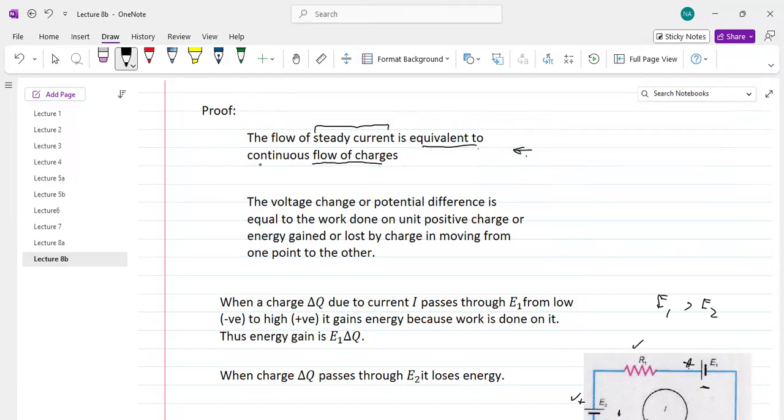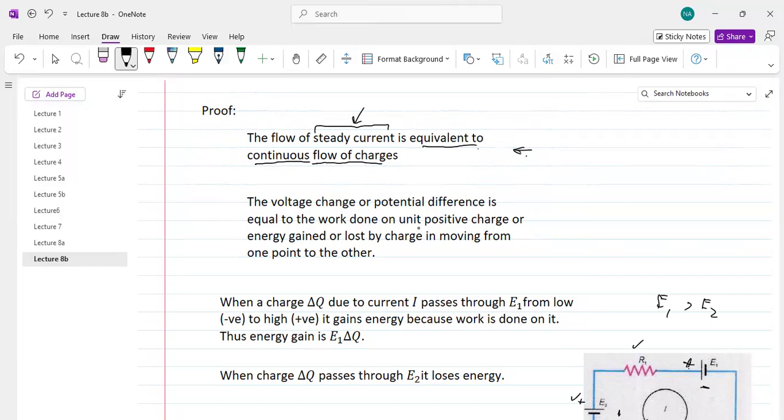There may be a flow of charges which is instantaneous, but here we assume that a steady current flows through a circuit, meaning a continuous flow of charges is taking place along the circuit.